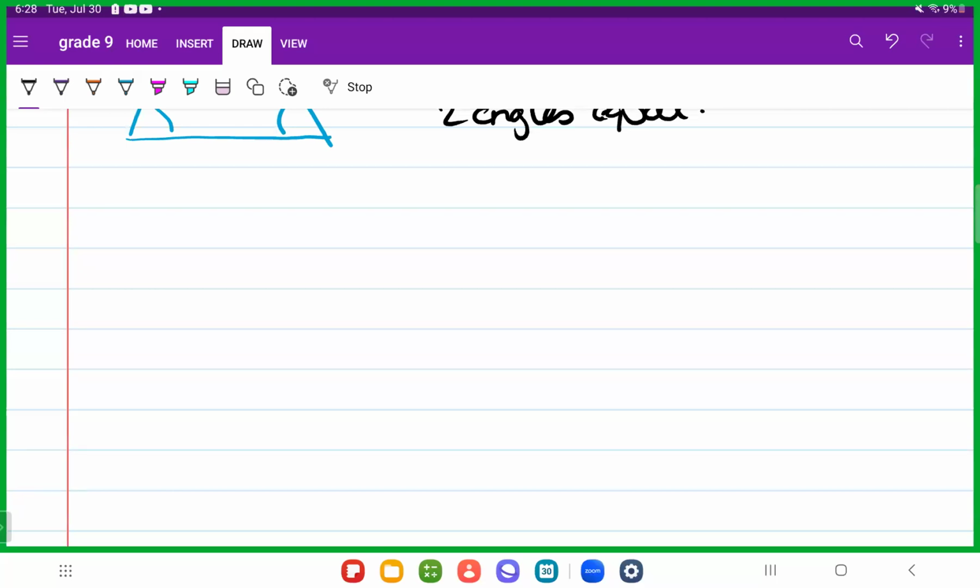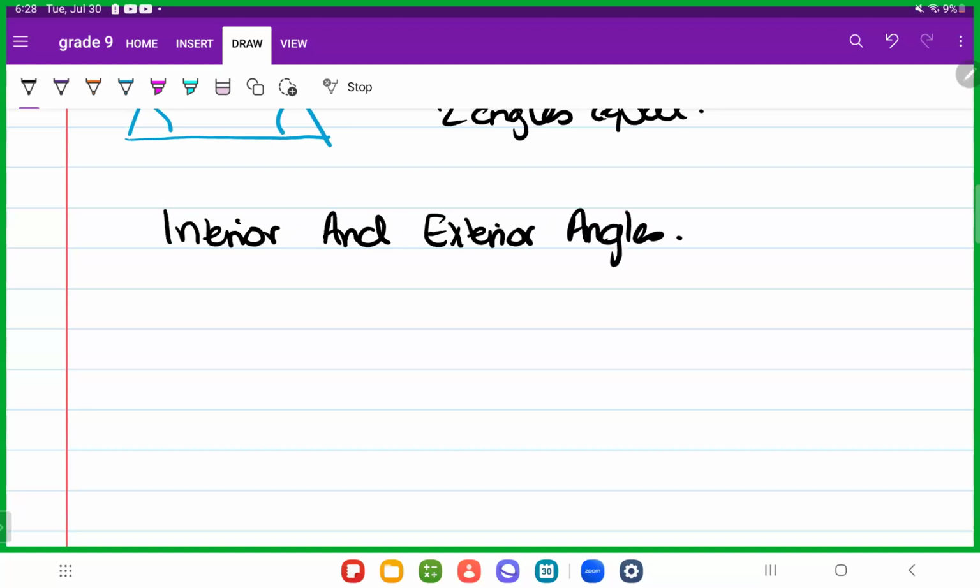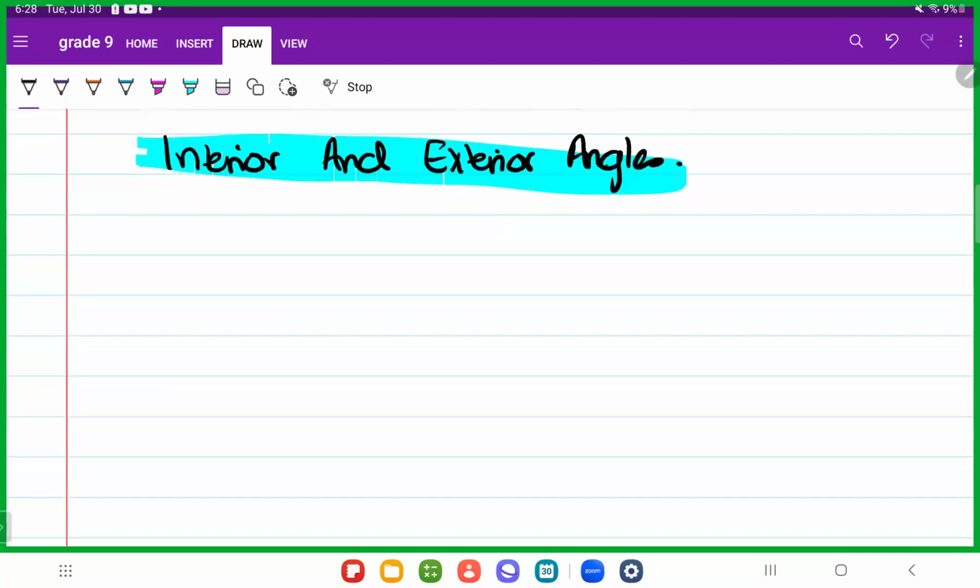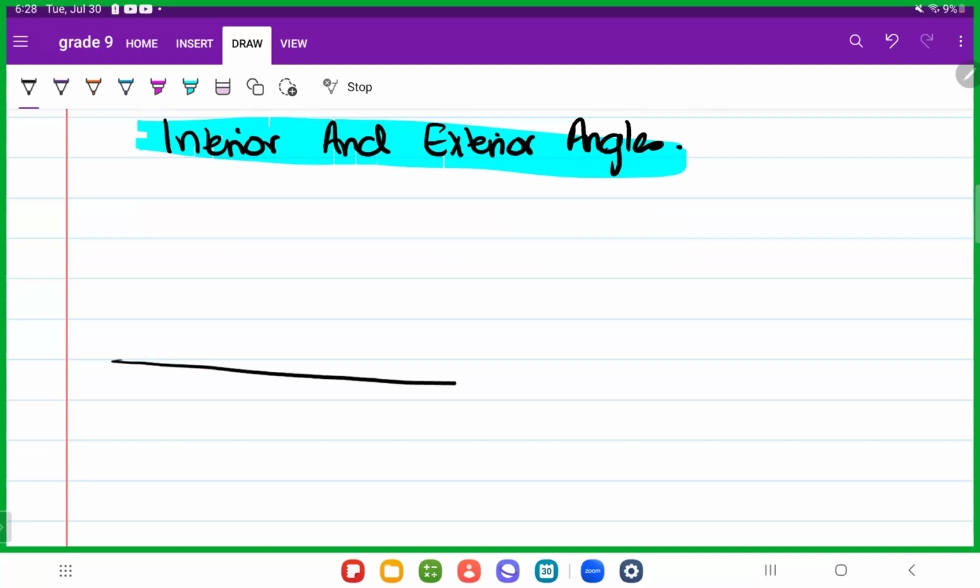Okay, well, let's first talk about interior and exterior angles. So this is all about triangles, all right? So we're going to talk about interior and exterior angles. Do you know what interior and exterior angles are? Yes, miss.